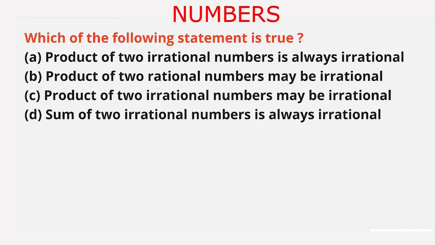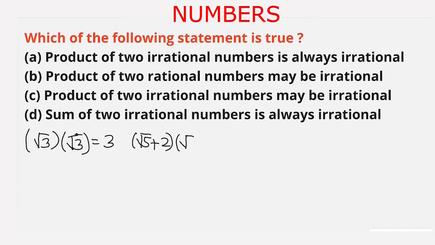Now we verify each statement. The product of two irrational numbers is always irrational. So root 3 multiplied by root 3 is 3. This is a rational number. Another example is root 5 plus 2 into root 5 minus 2.